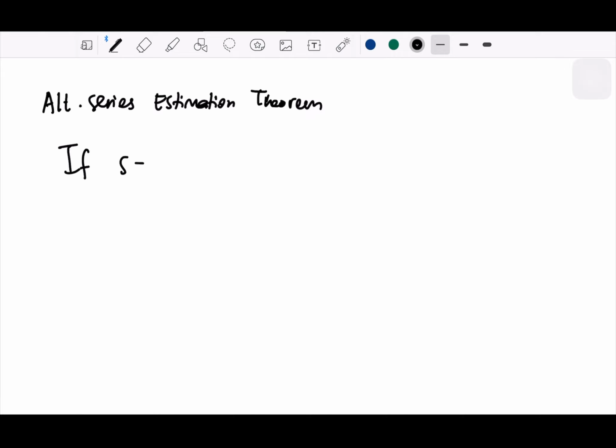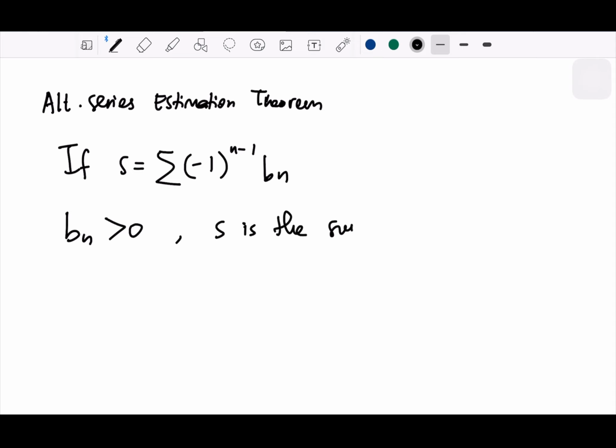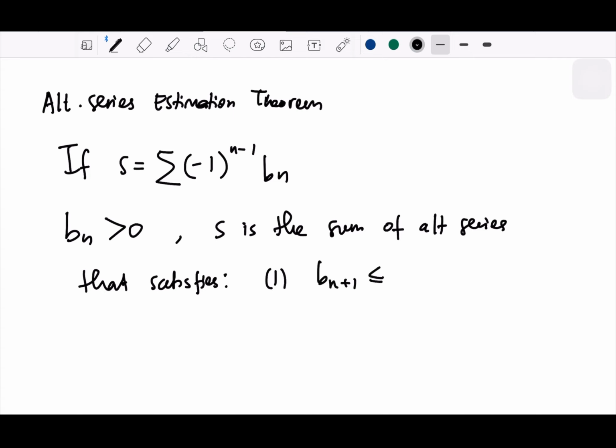Okay, if S is the sum of (-1)^(n-1) Bn, where Bn is positive, and S is the sum of an alternating series that satisfies the first condition, and second, this is just similar to what we did.